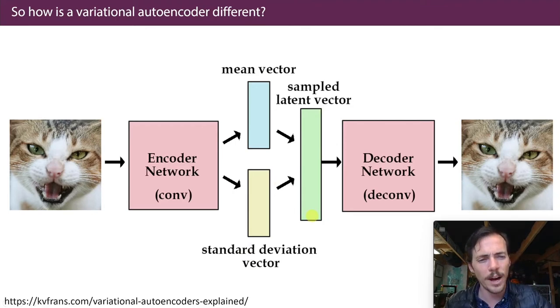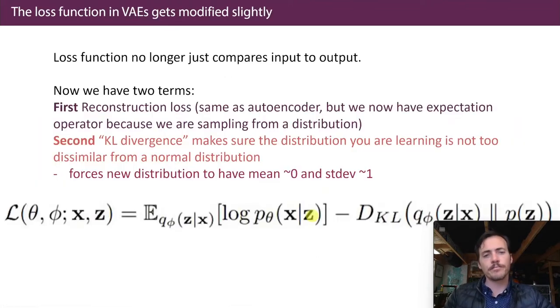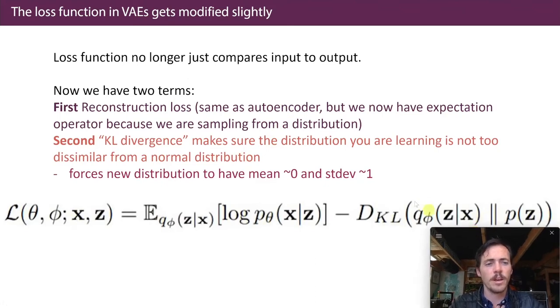So why do this? To answer that, first off, let's compare their loss function, which is also a little bit different. In a regular autoencoder, you're just comparing the input and the output. So pixel by pixel, you could compare these things and be like, oh, they're not quite the same. They're pretty close, right? That's your first one. The loss function shown here is almost the same, but a little bit different.